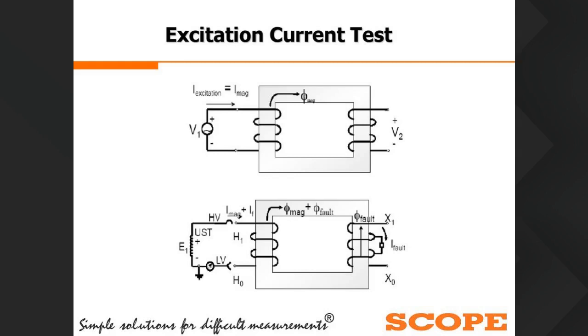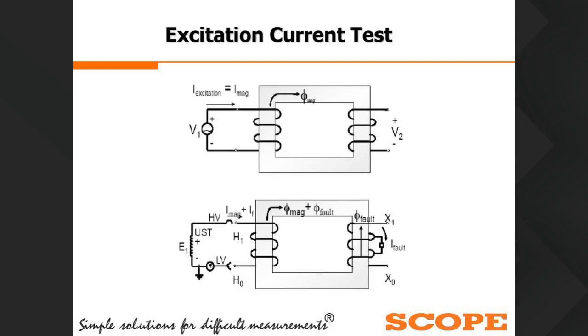So to recover the I magnetization flux, we will require an extra flux that we need to create. That is why we require additional excitation current flowing from the primary side, to nullify the I fault or the flux created by the fault current. So with that we can say excitation current will increase.